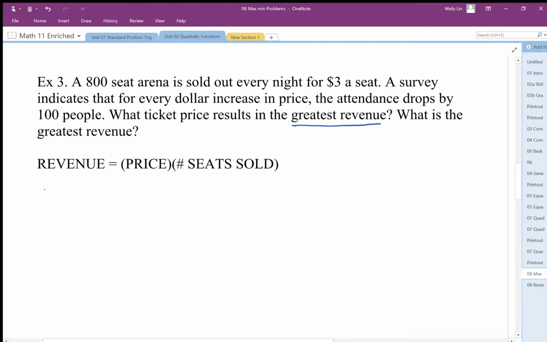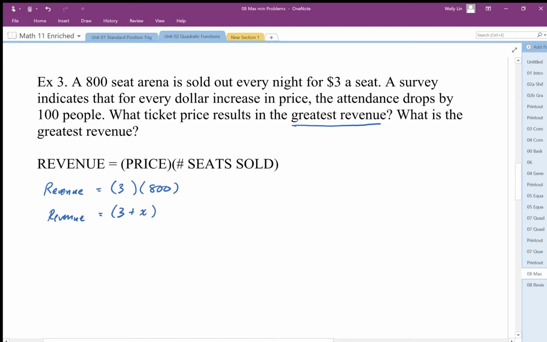Well, we're going to set it up this way. Our revenue is going to be equal to the price, which is $3 a seat, times the number of seats, which is 800. That's our starting point. Now we need to change this. Revenue is equal to, if we start with $3, we're going to increase the price by x.